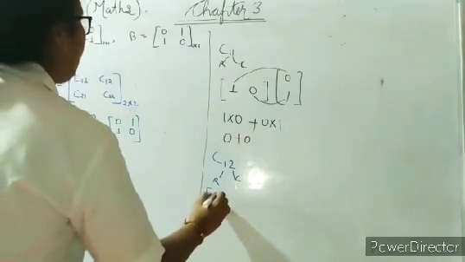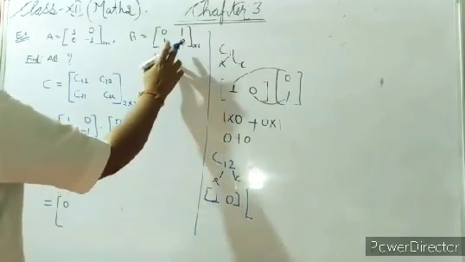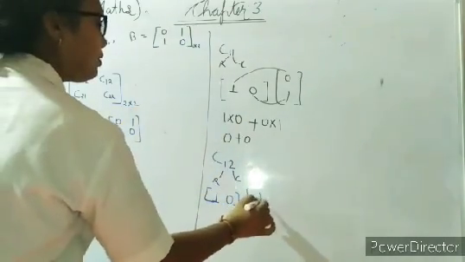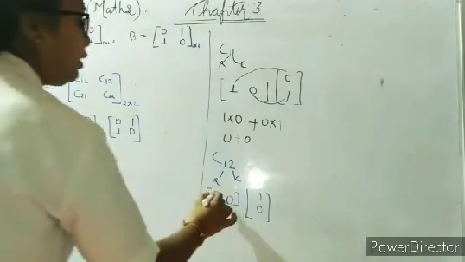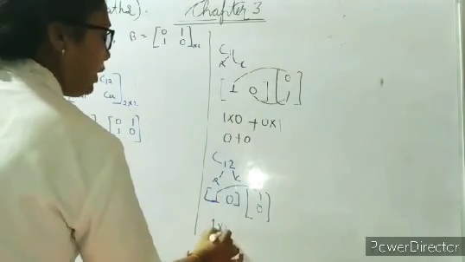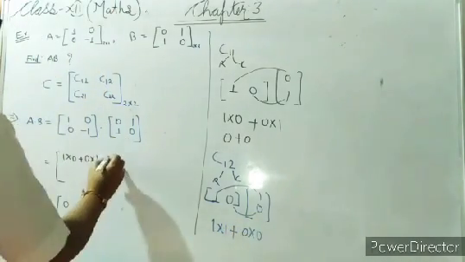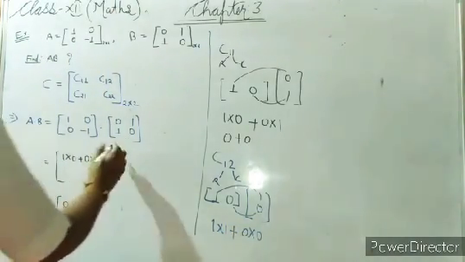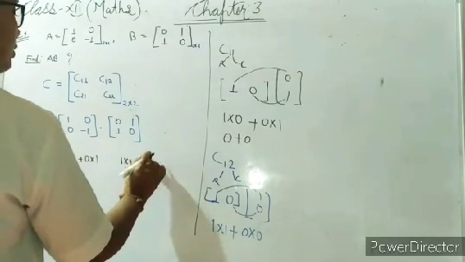First row is 1, 0. Second column is 1, 0. So here you will get 1 into 1 plus 0 into 0. So it will come here. And here we write 1 into 1 plus 0 into 0.